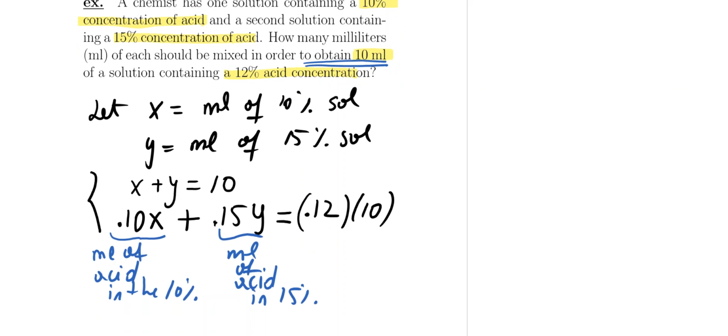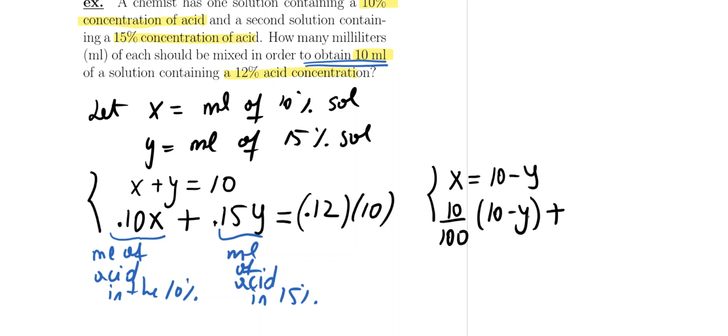So you see how we just have to solve this system now? So to solve the system, let's do it by substitution. So I'll substitute for X. X is, subtracting Y from both sides, 10 minus Y. And then in the second one, I'm going to rewrite 0.10 as 10 over 100 times X, but X is 10 minus Y, plus 0.15, I'm going to write it as 15 over 100 times Y, equals 0.12, I'm going to write it as 12 over 100 times 10.